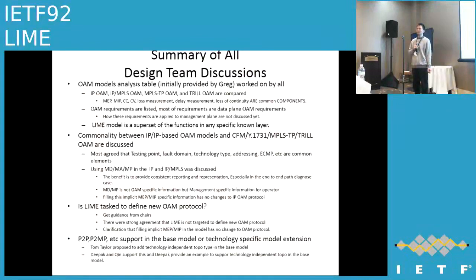My suggestion for LIME is that maybe the commonality between IP APS OAM and Ethernet APS OAM should be more clarified, as Greg pointed out in the previous slide, since for layer 0, 1, 2 OAM architecture or model, we already have a very stable model architecture as defined in the draft or the gap analysis here.